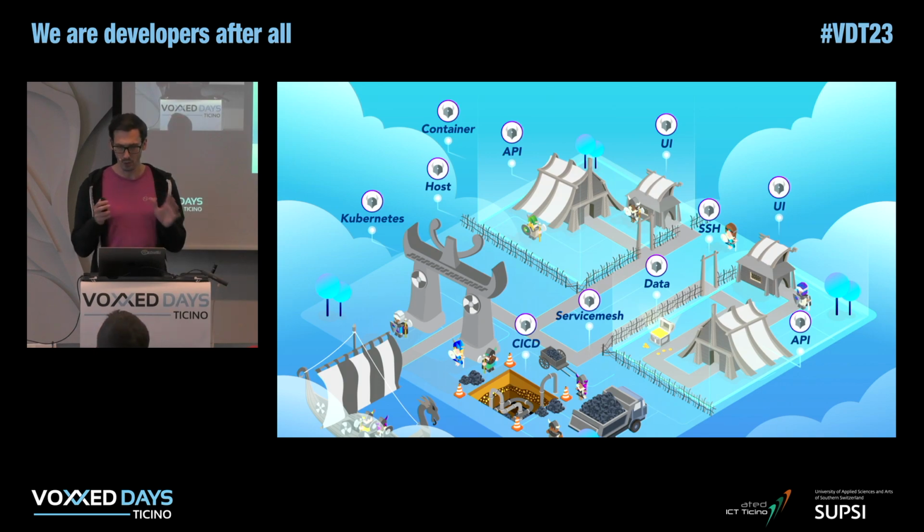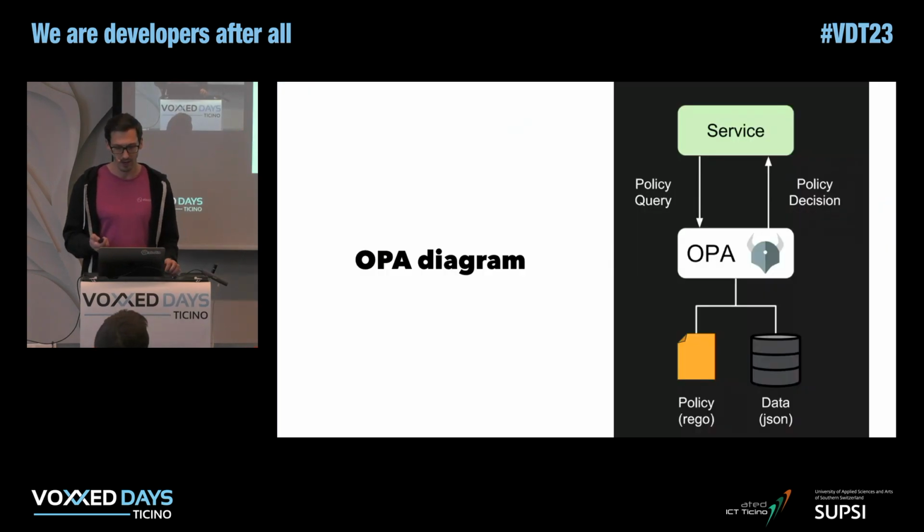So that's the modern way to build systems, through APIs, and they mostly go against these APIs. And how that works is you have a service that wants to know in what state we are. It queries OPA. OPA then relies on policies, which are written in Rego.